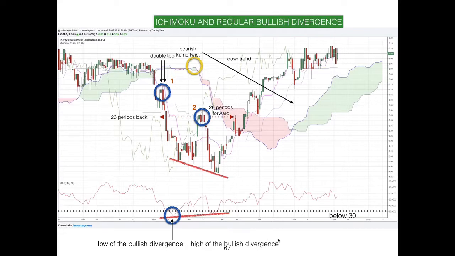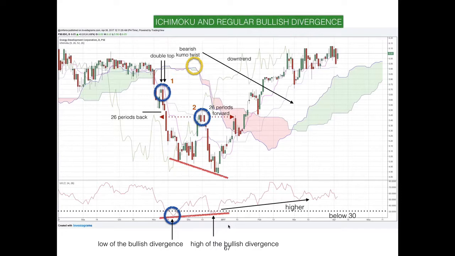And then the second low, or the high of the bullish divergence, there should be a higher high. Sorry, erase all that. There should be a higher low, not a higher high.